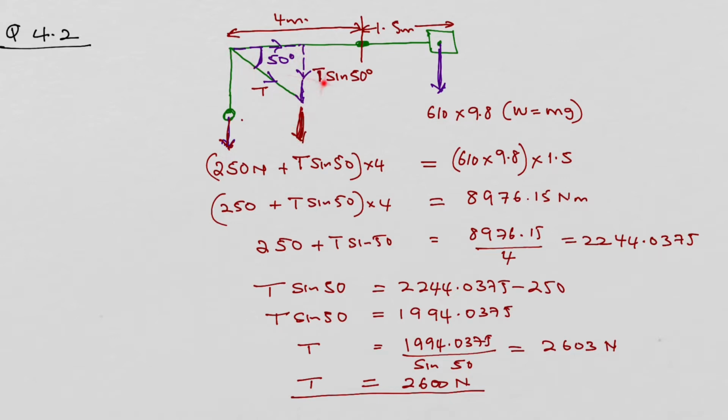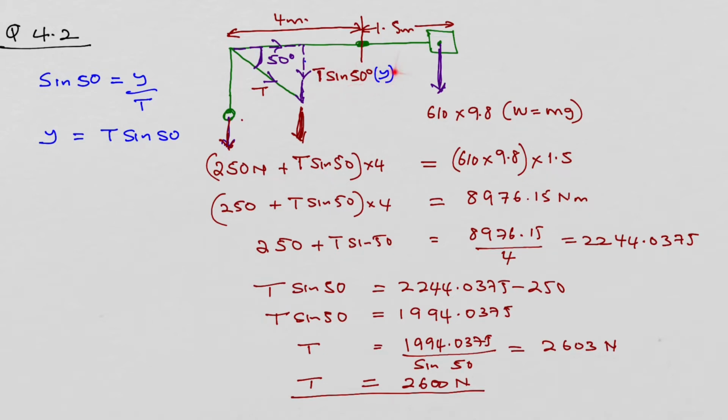So this will be T sine 50 because we're using SOHCAHTOA, so sine of 50 is opposite over hypotenuse. Let's call the opposite y, so that's opposite y over hypotenuse, which is T. So to find y, we say y is T sine 50, and you can see that's what we've got here.